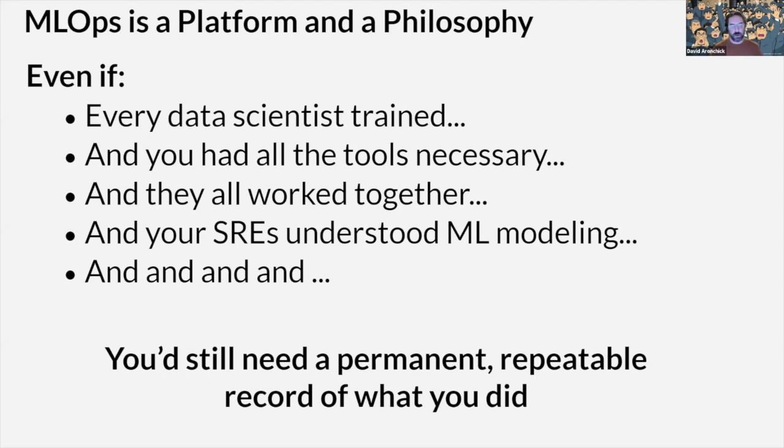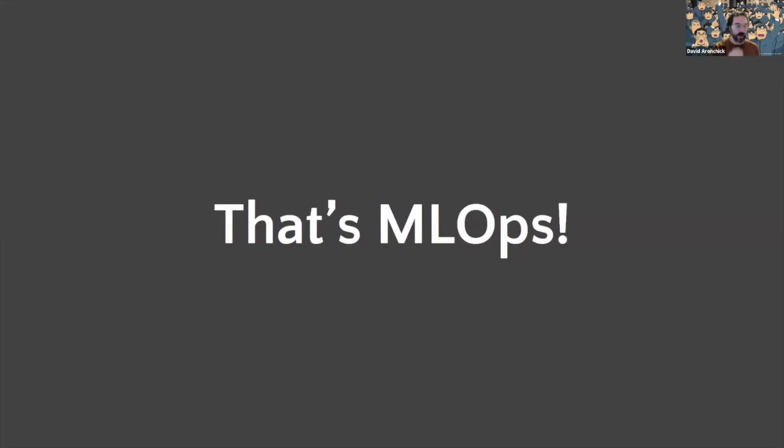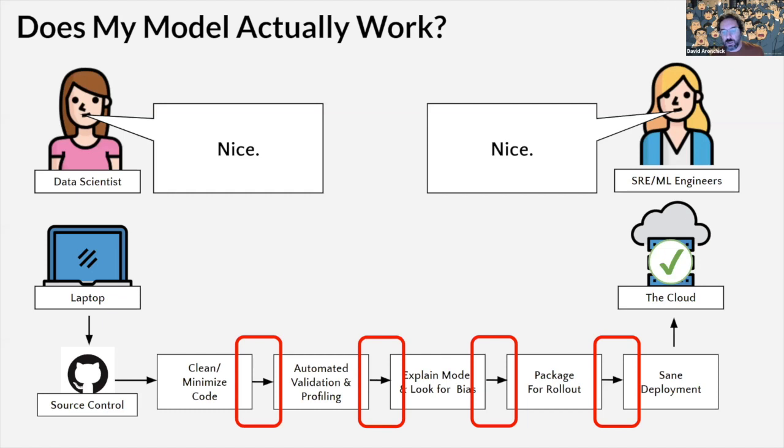And that is what metadata is. And that's what MLOps gives you. If you drive your entire workflow using nothing but structured metadata, now you have a reproducible record of exactly what happens.